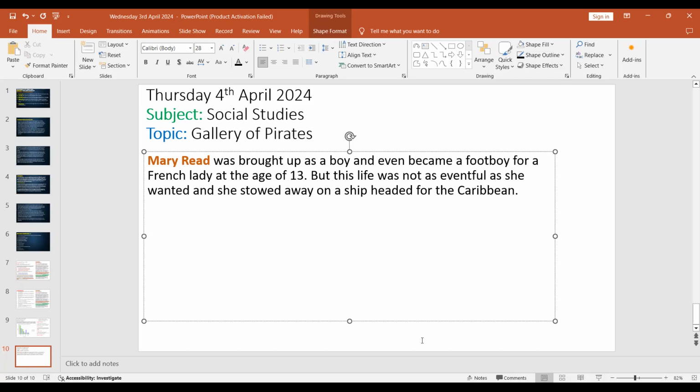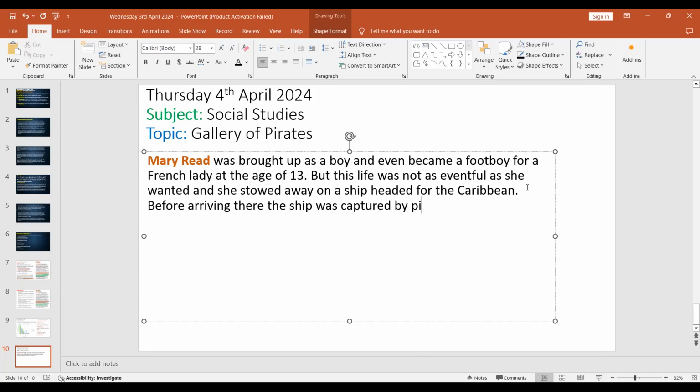So let's go ahead and continue. Before arriving there, before arriving to the Caribbean, what ended up happening, the ship was captured by some pirates, right?